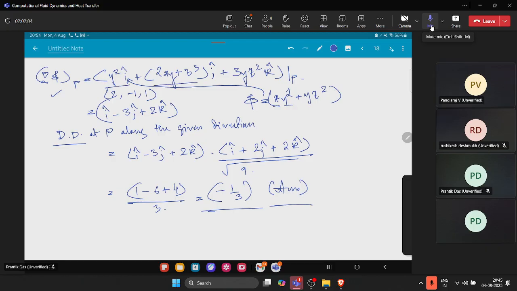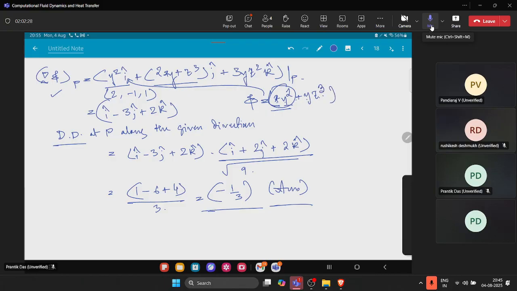Plus when I take the derivative with respect to y, it comes to be 2xy plus z cube. Okay, and this one, coming to be, okay, this should be z cube.